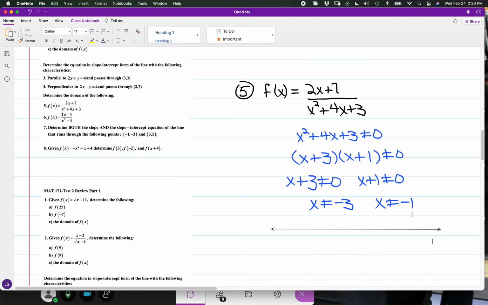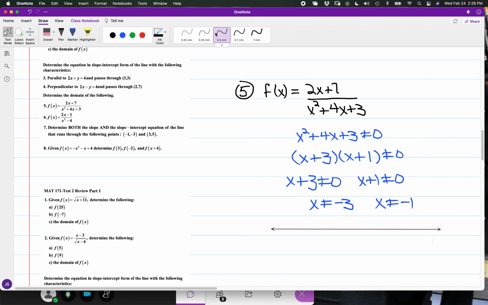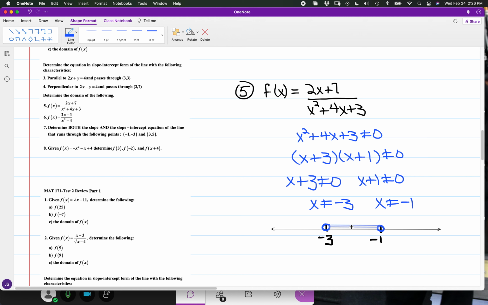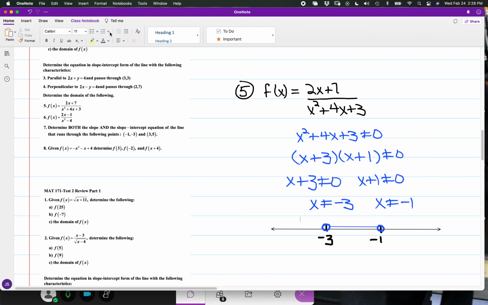So again, both negative 3 and negative 1 are excluded, so we have holes at these locations, and we graph the values that belong in the domain of this rational function.